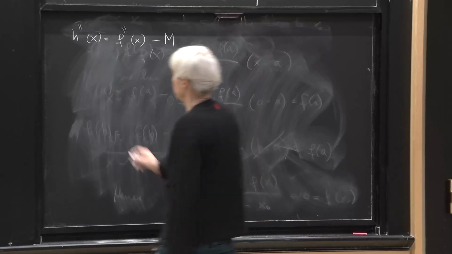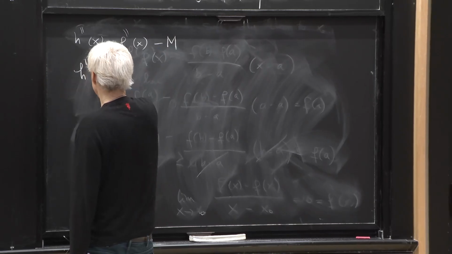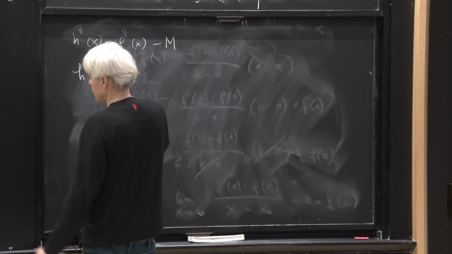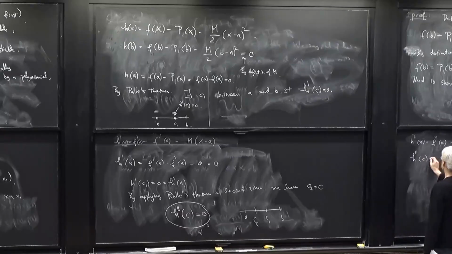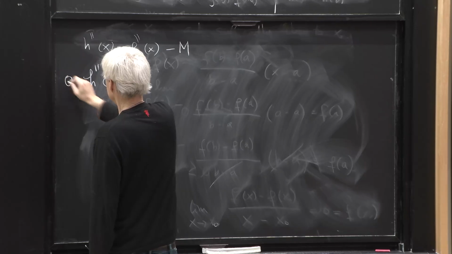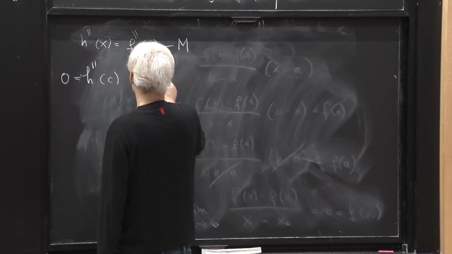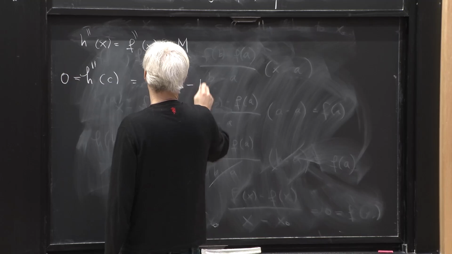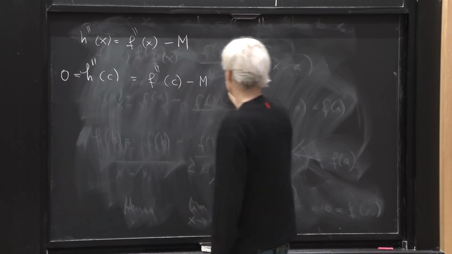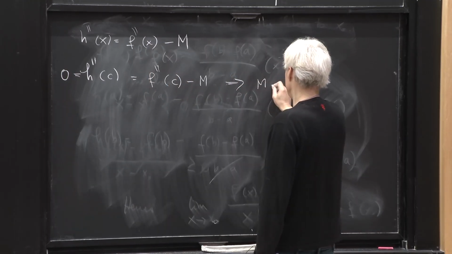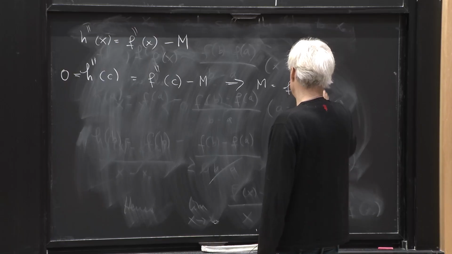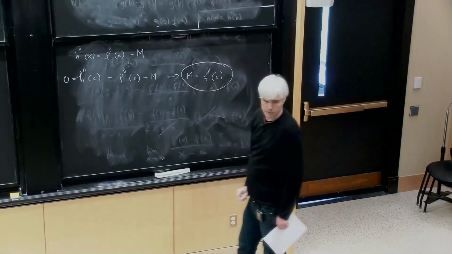Right, and now we know that h double prime at this intermediate point, C2, which we also call C, is equal to 0. So this means that f double prime at C minus m is equal to 0. So this means that m really was the second derivative of f at this point.